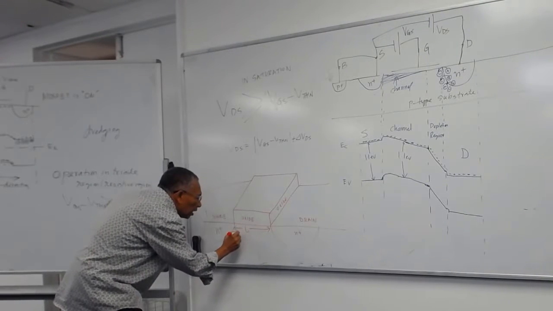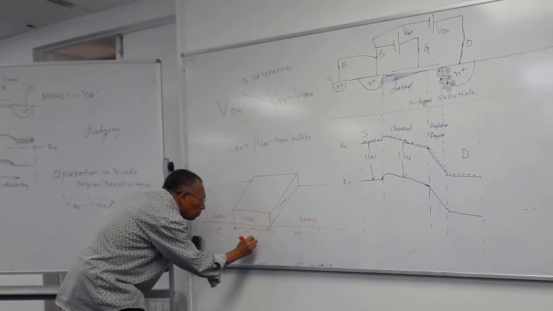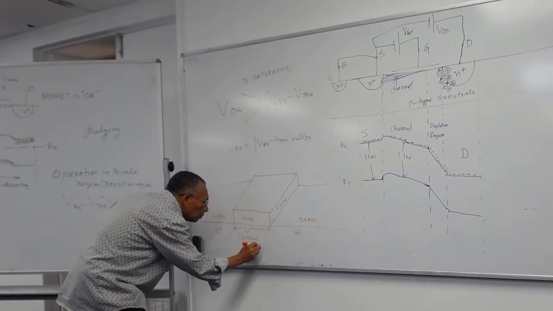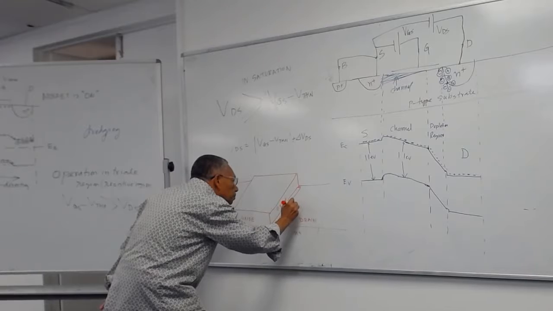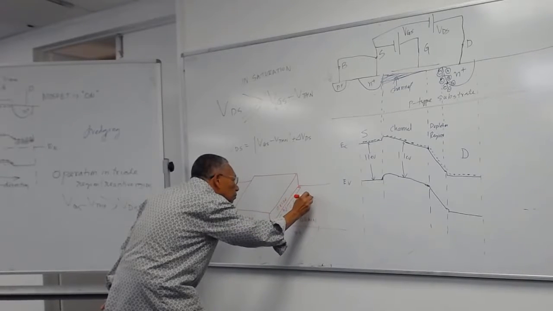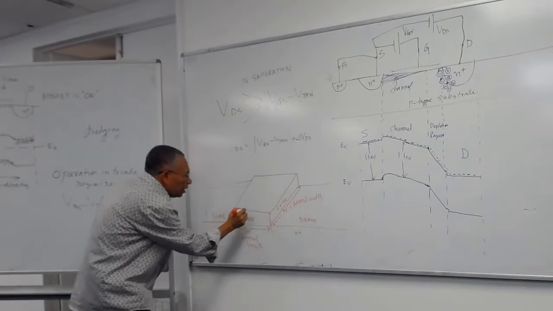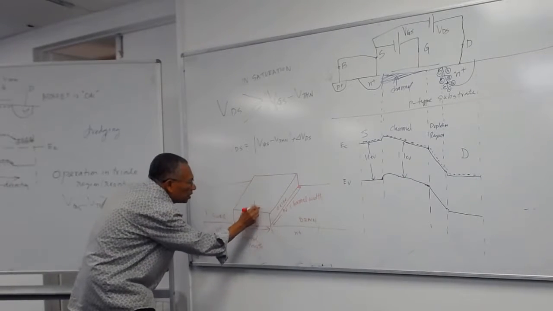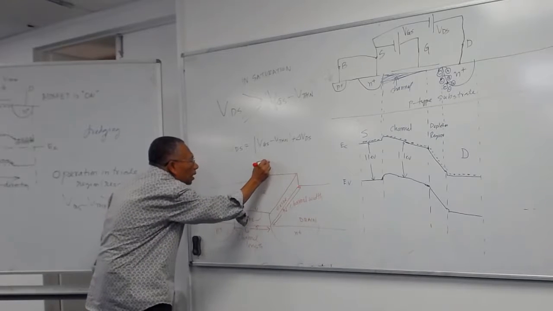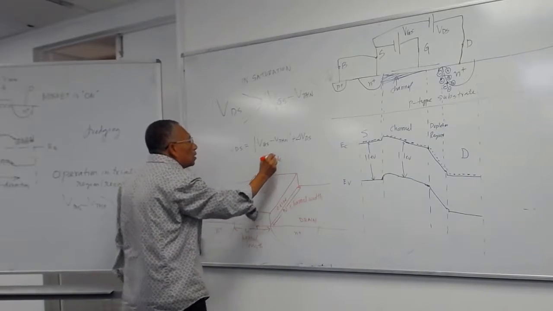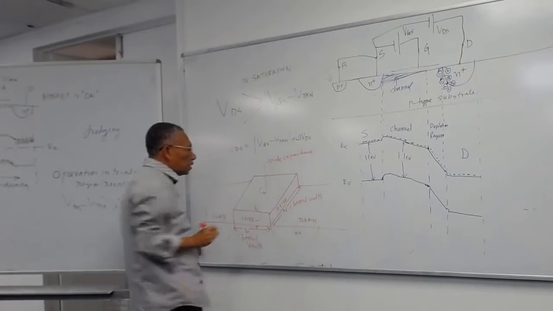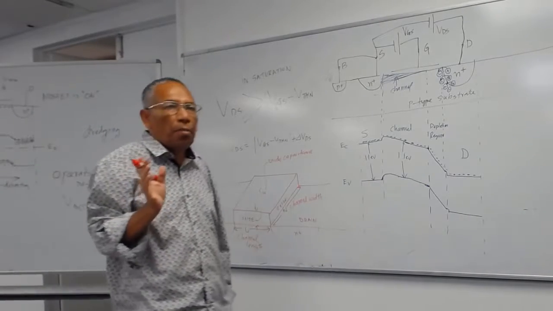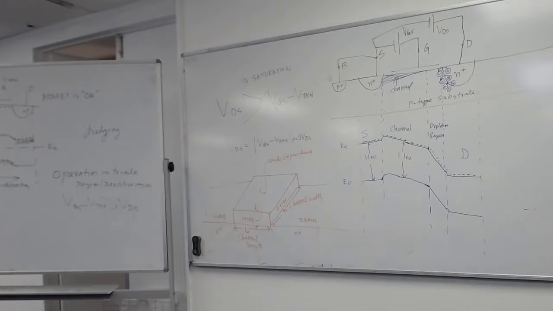This is your channel length L, and this is your W, the channel width. And C oxide is this capacitance between here and here. This is the oxide capacitance per unit area, but you don't have to know those details at this time.